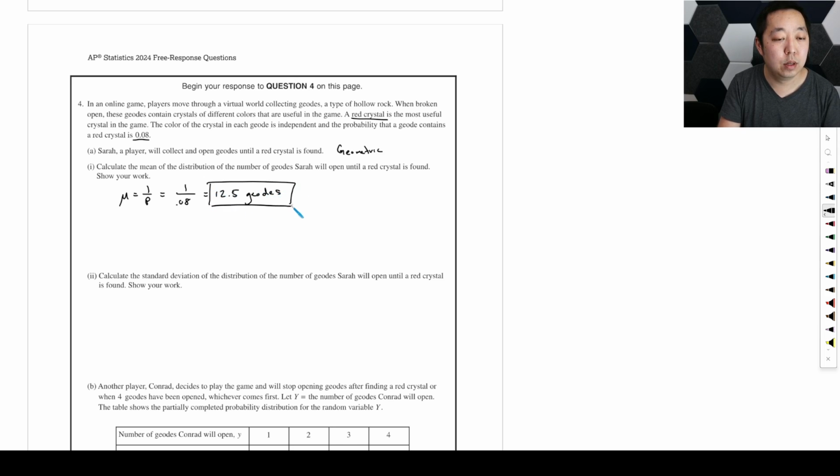Now, I don't know about the show your work part. Is that sufficient? You might want to say the distribution itself. They're sometimes picky about this.